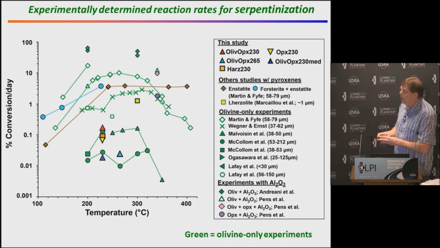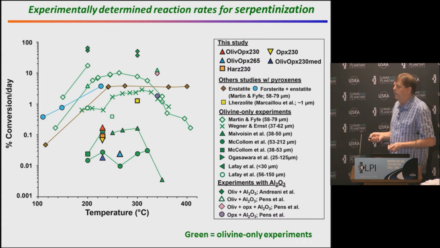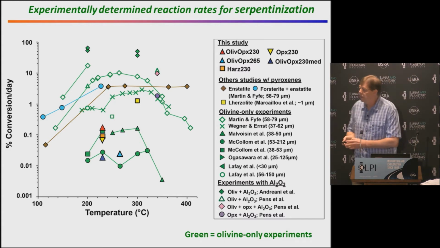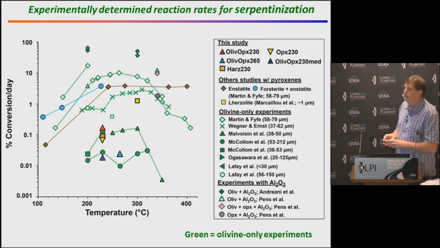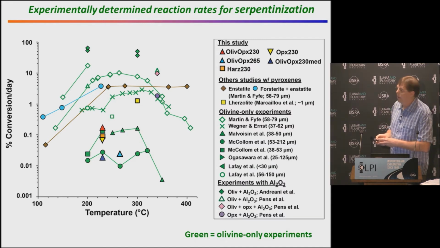Everything we've done, as well as some recent experiments by Malvoisin et al., plot down here with much slower rates. And I think these are really the ones that are most representative of natural systems, and probably indicate that rates of this reaction are like 50 to 80 times slower than we thought of just a few years ago. And you'll notice there's no data down here.